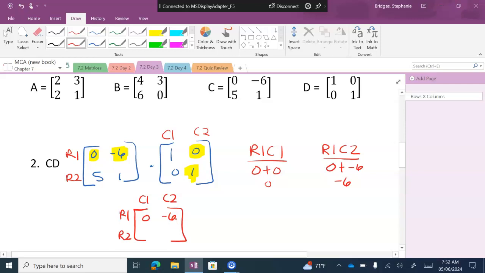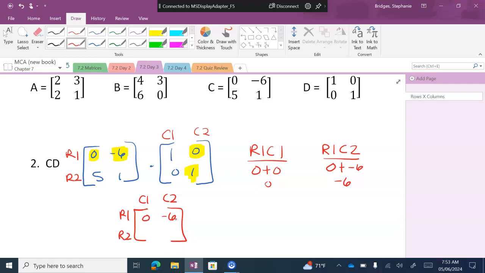Okay, so again, I like to use my fingers. So we have 2 rows, we have 2 columns. That kind of tells me what my answer is going to look like. Row 1, column 1, row 1, column 2. And then we're going to go row 2, column 1, and row 2, column 2. So starting row 1, we multiply. We go across and down, and we multiply again. And that's how we got the 0.